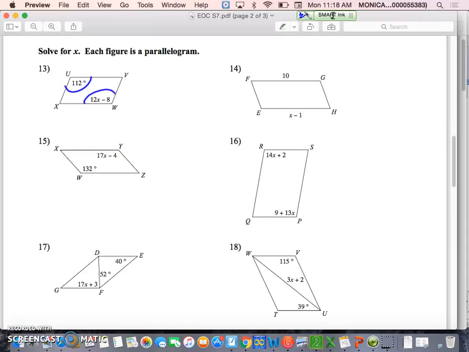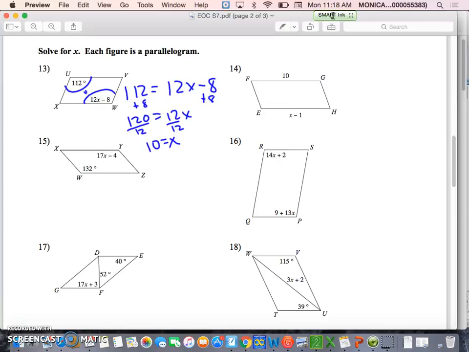And I know that if they're opposite each other like this, they're going to be equal. If they're next to each other, they're going to add up to 180 degrees. So I'm going to set 112 equal to 12x minus 8, and then just solve this equation. I'm going to add 8, and I get 120 equals 12x. When I divide by 12, you get 10 equals x. And I look back, and all it's asking me for is x, so I don't have to worry about that.